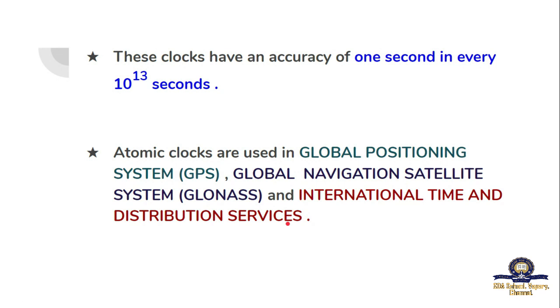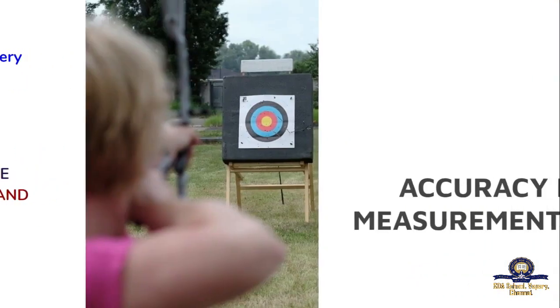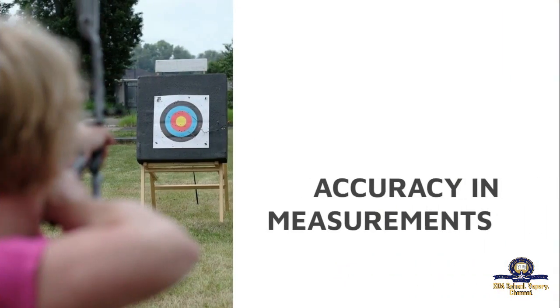Next, we will see about accuracy in measurements. Basically, measurement is the base of all experiments in science and technology. The value of every measurement contains some uncertainty. While taking measurement, all of them will not get the same value.